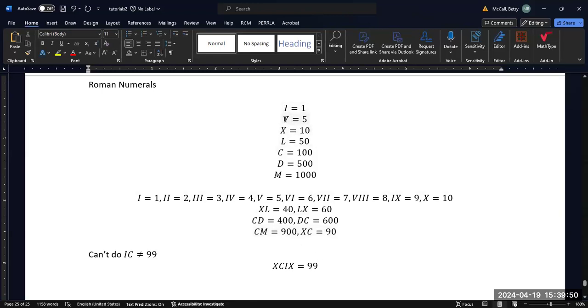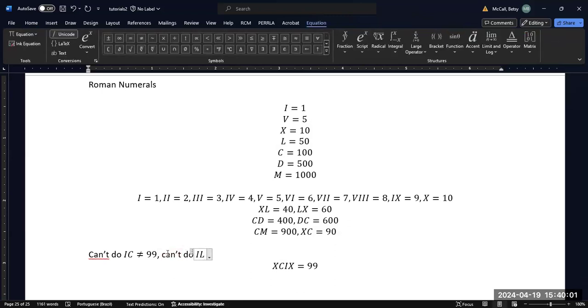You can take a 1 and subtract it from 5, but I can't say IL, because that's not 49. It seems like it ought to be, but L is in the tens place, and I can only subtract X from it.